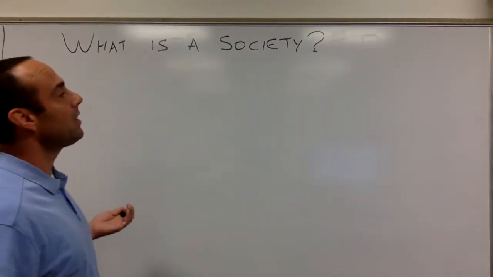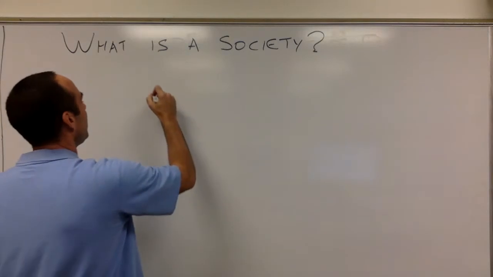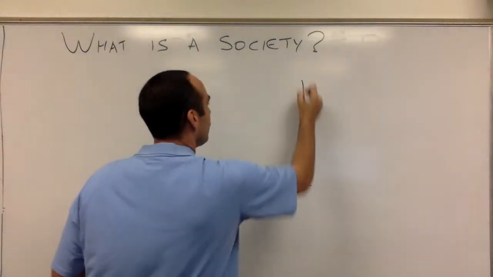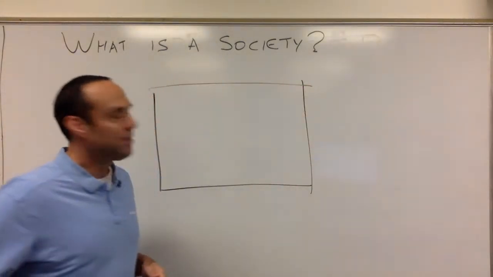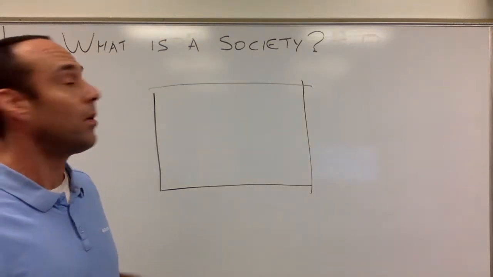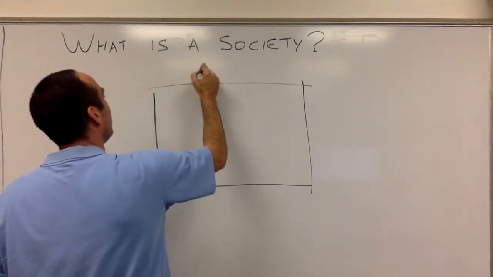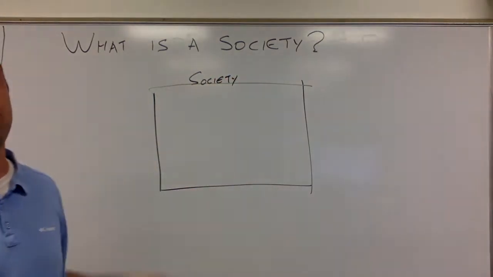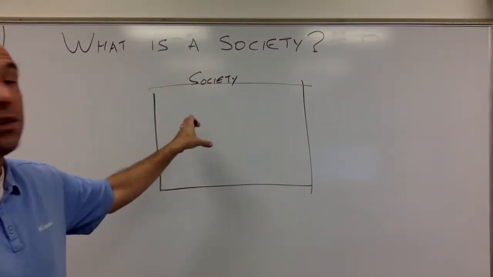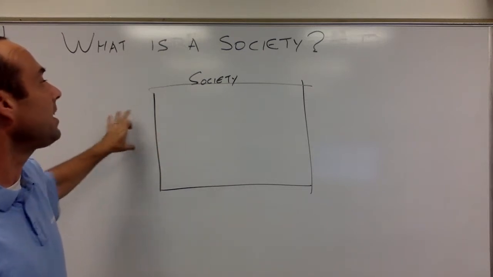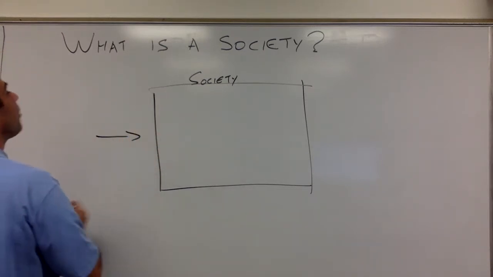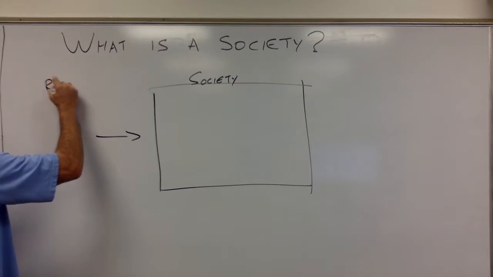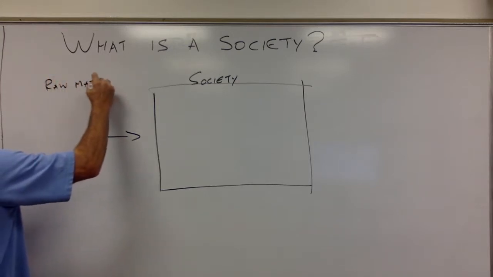So, society is a machine. I'm going to draw the machine as just a big square. Dumb as that is, it's going to be our machine called society. If this was a car, if I put a couple wheels on it, it is also a machine that takes in something. The raw material over here is what goes into the machine.